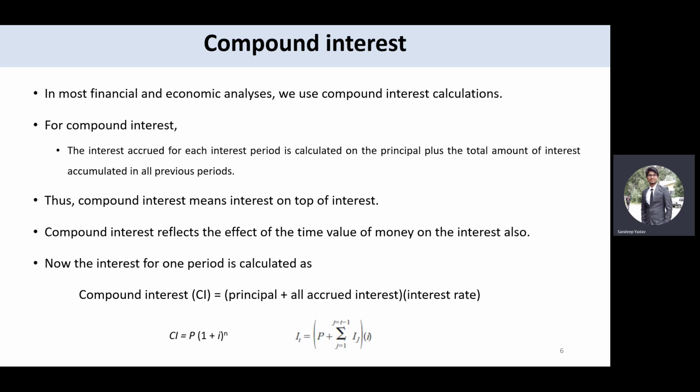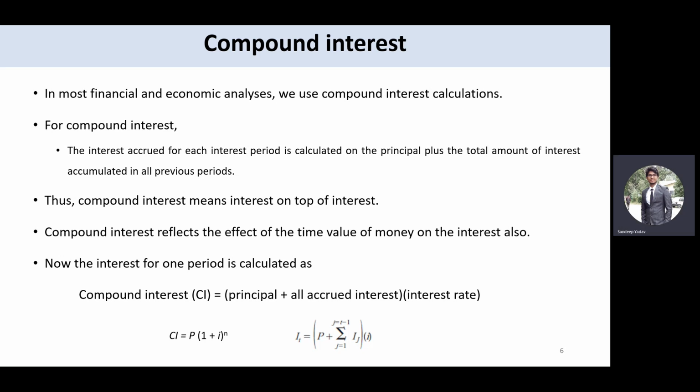Now we can calculate the compound interest using the formula: compound interest will be principal plus all accrued interest into the interest rate. So it is clear that compounding will be on the principal plus all interest.